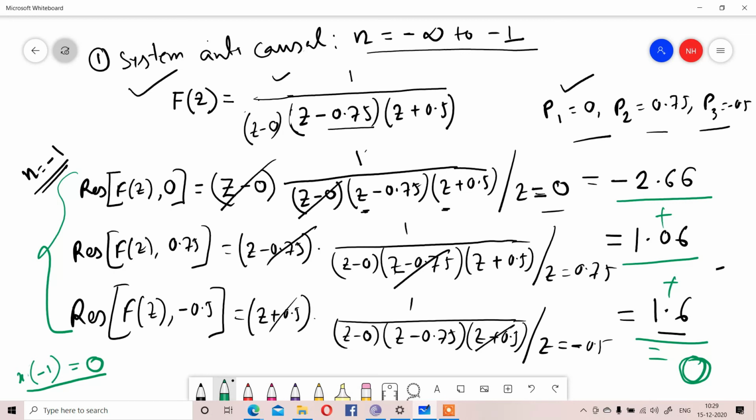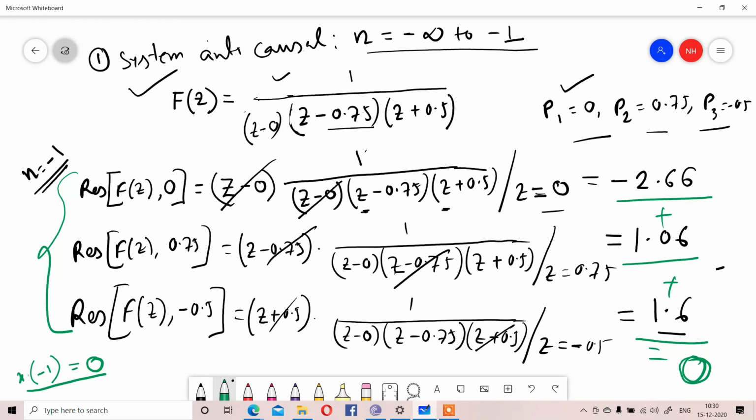Similarly, in the negative term, 0, minus 1, minus 2, minus 3, minus 4, for each and every case you should have some value. If you don't have, then the other remaining values will also be 0. Keep in mind. So for n equal to minus 1 you are getting 0 means for n equal to minus 2 you will get 0. For n equal to minus 3, minus 4 up to n equal to minus infinity, all the values of x you will get 0. That means what?